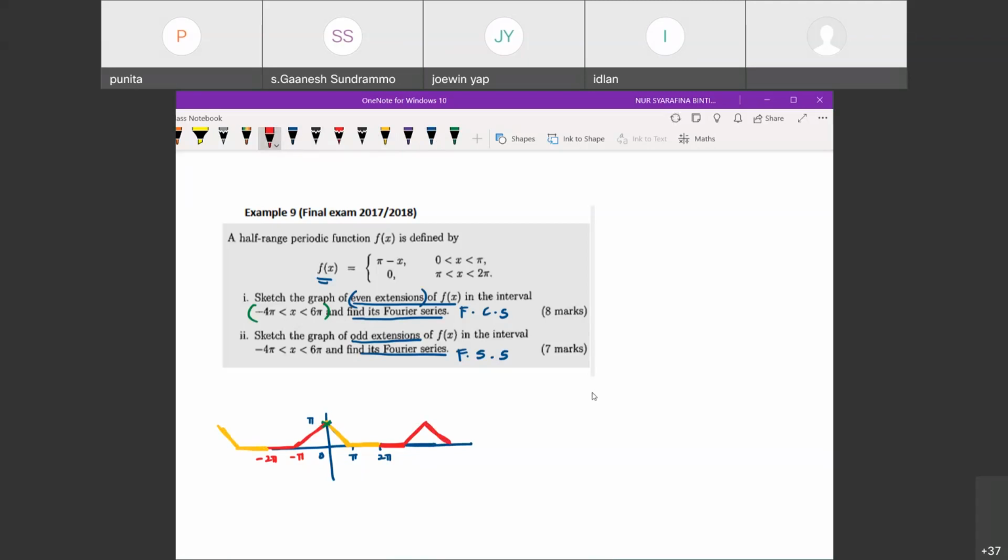So this is your t. To 0 pi, 2 pi, 3 pi, 4 pi, 5 pi, 6 pi. This is your t.